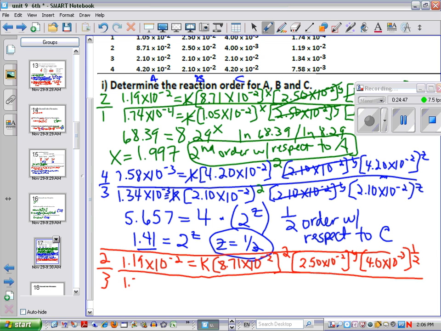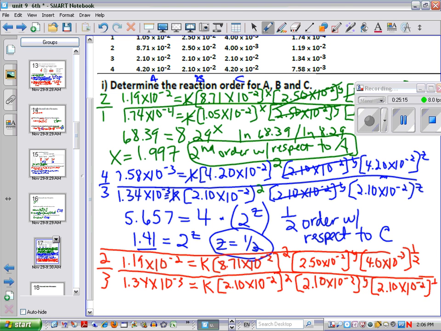Divided by 1.34 times 10 to the negative third equals K times 2.10 times 10 to the negative second squared times 2.10 times 10 to the negative second to the y times 2.10 times 10 to the negative second to the half.